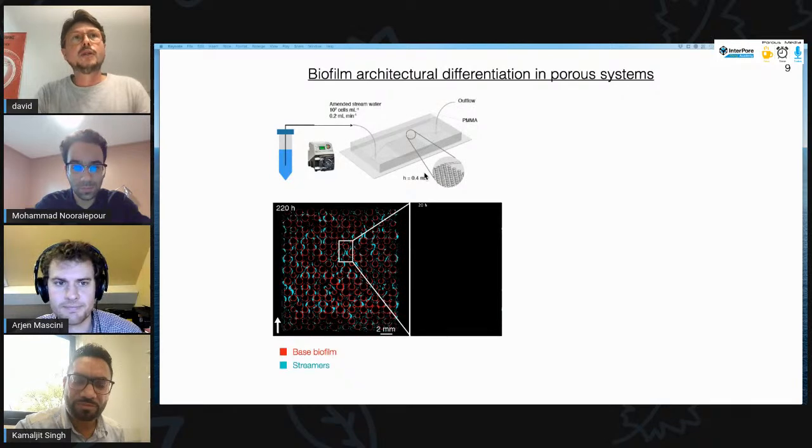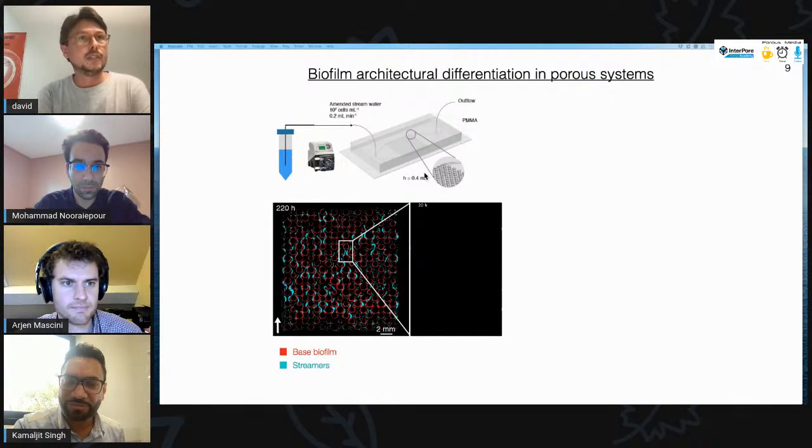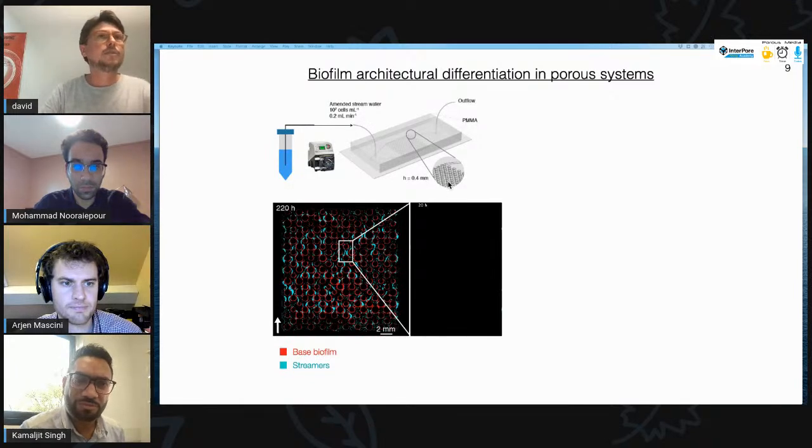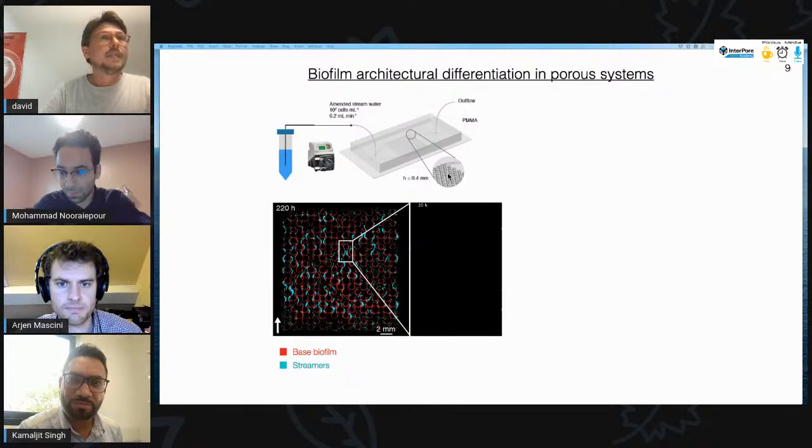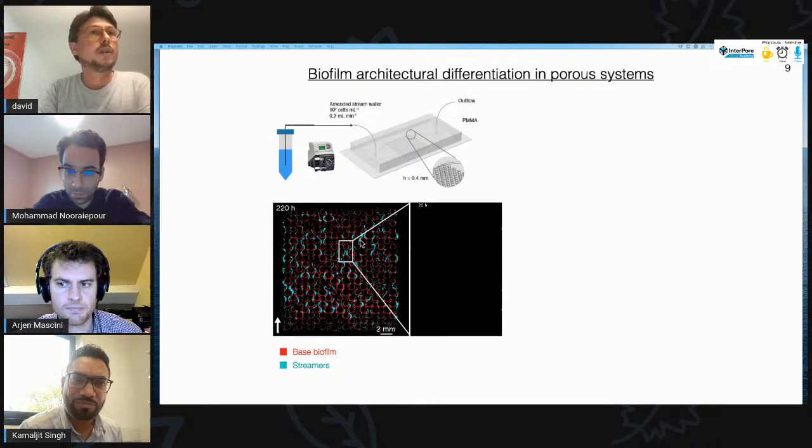So we observe a system which we can summarize as being two-dimensional, but of course it is a three-dimensional system because, for instance, in this case the height of the system is 400 micrometers, 0.4 millimeter. And so we basically reduce the heterogeneity of the flow to a 2D system, because the main flow diversity is across the flow path that has to evade the little grains.